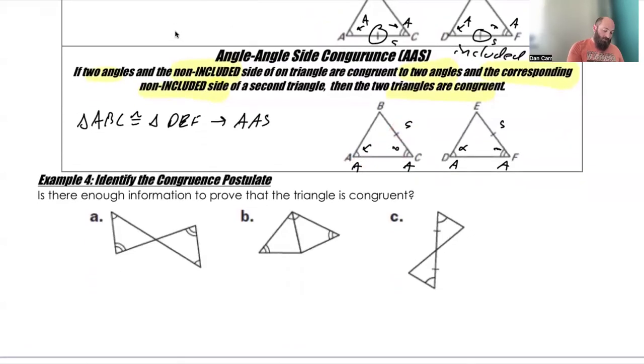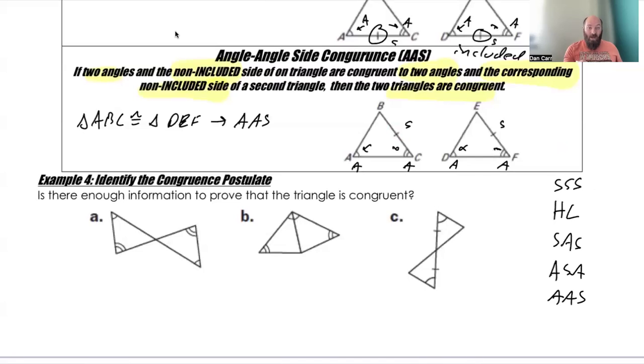So when I look at the next one, the first thing I'm noticing, and it's important to look at this one, it says identify the congruence postulate. So here are my 5 postulates: side, side, side, hypotenuse leg, side angle side, angle side angle, and angle angle side. Now that we have all 5 of those, we're going to be able to choose which one makes the most sense in a given situation.